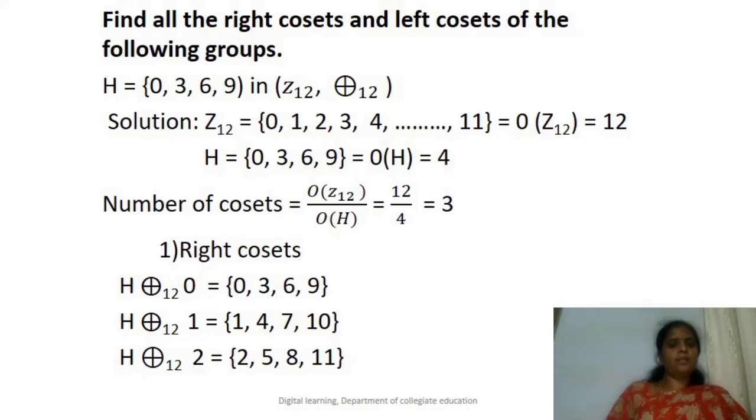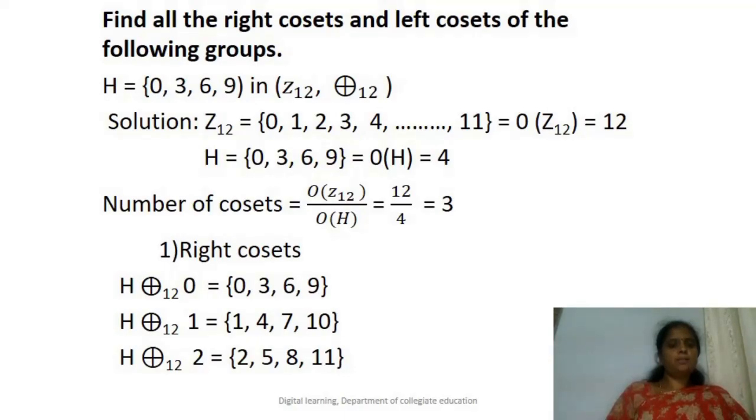Nextly, to find out the right cosets, we use the form H into A. In the place of H we can replace the values 0, 3, 6 and 9. 0 plus 0 becomes 0, 3 plus 0 becomes 3, 6 plus 0 becomes 6, 9 plus 0 becomes 9.